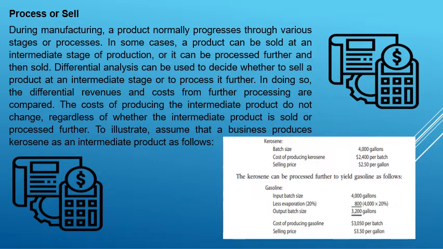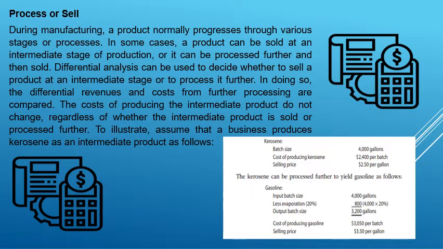Differential analysis can also be used to decide whether to sell a product at an immediate stage or process it further. In doing so, differential revenues and costs from further processing are compared.